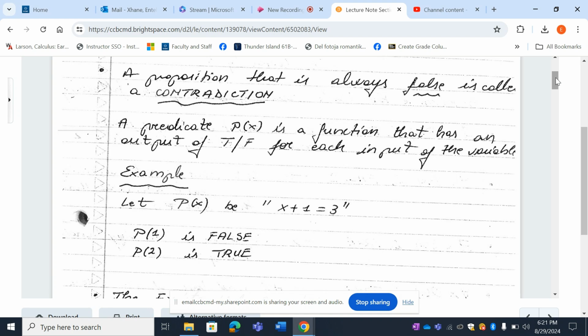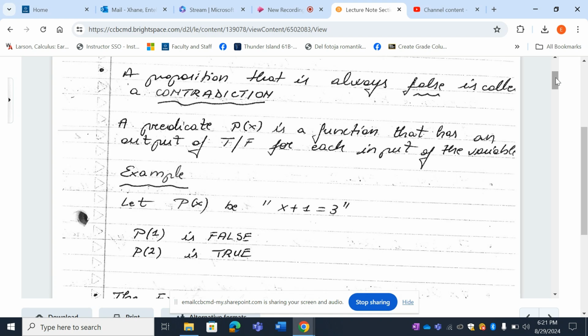So can we still use this argument, this idea for the prepositions and operators, logical operators and logical laws? So P of x is known as a predicate. If we look at this as a function, that of course as a function has an output.